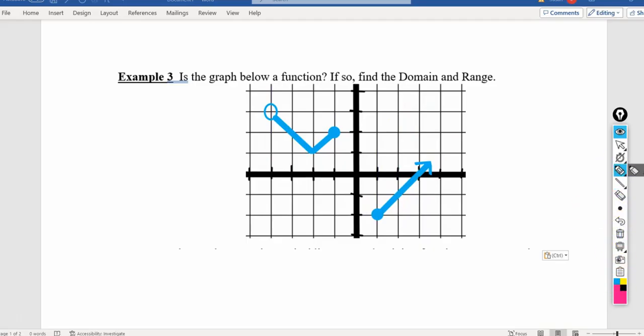So what is the domain going to be? Use the x-axis to measure how wide. So going from the leftmost point on the graph, I'm going to start here, but I am not going to include it. And then when I look up, I always see a point. So we don't have any gaps.